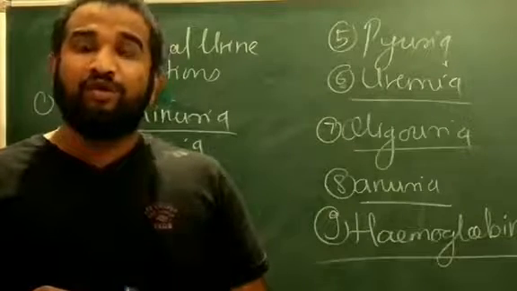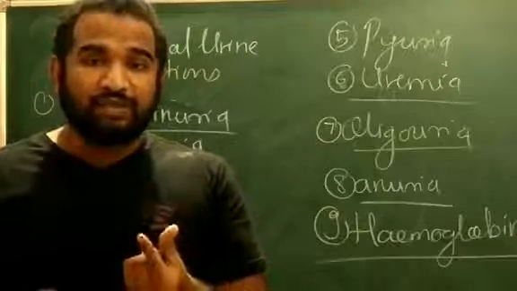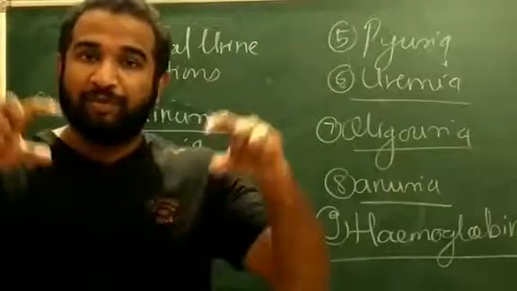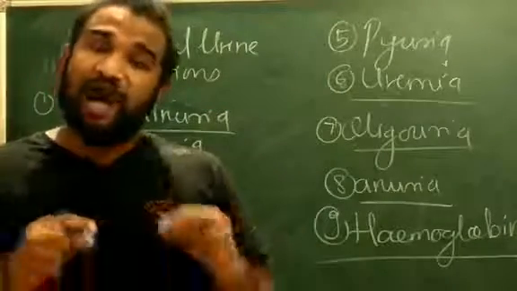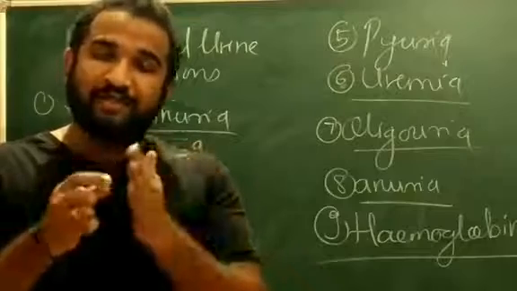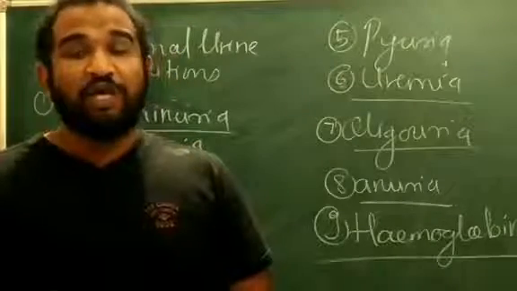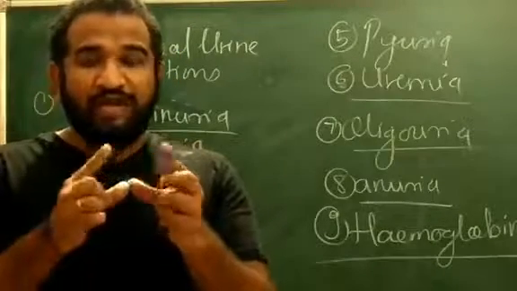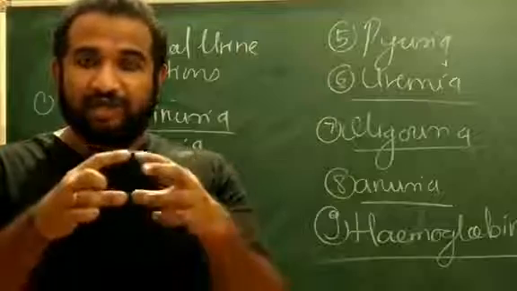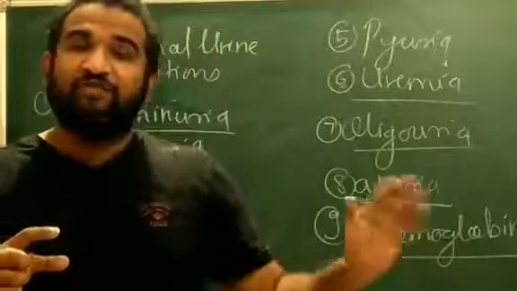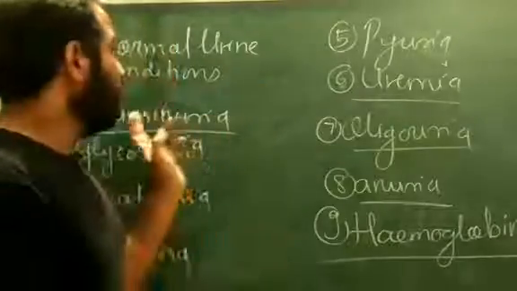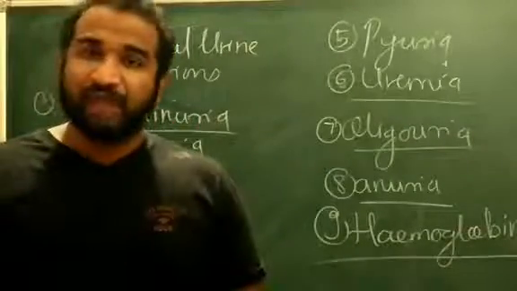Albumin came into the filtrate because the podocytes present on the inner, visceral layer of the Bowman's capsule have spaces between them, called slit pores. When these slit pores are enlarged, their diameter increases, so the proteins also start getting filtered, and because of that the albuminuria condition is created.